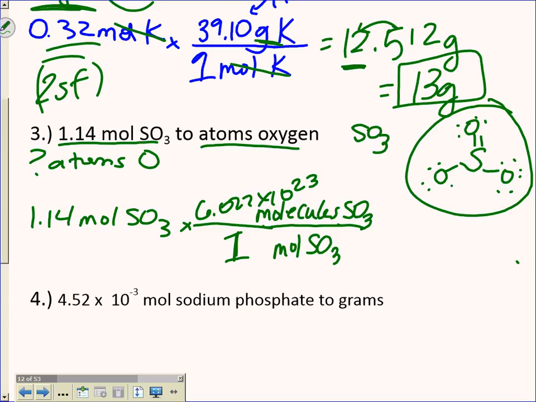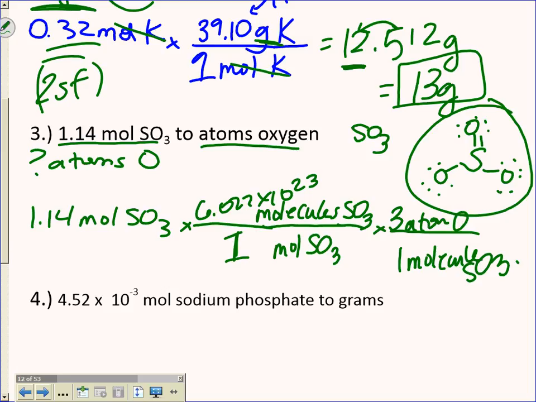So let's write down exactly what we just said. In one molecule of sulfur trioxide, because now I'm looking at one molecule, just one little guy, how many atoms of oxygen were in it? 3 atoms, and I counted them, 1, 2, 3, of oxygen are in it.